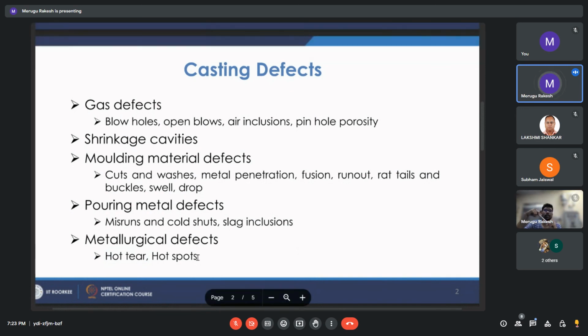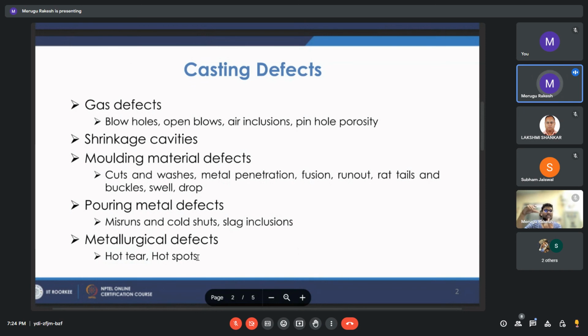How to explain hotspot? Hotspot is the last region which solidifies. Suppose you take a cube which is completely inside the sand and you are filling it, which will be the last spot to solidify? The center of the cube, right? Yes, sir. That will still be in liquid when everything else is solidified.